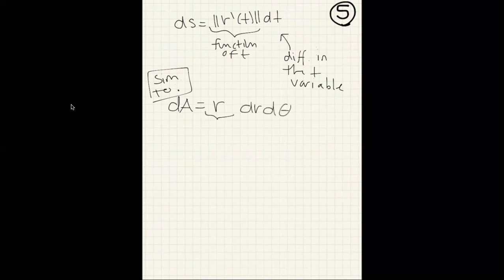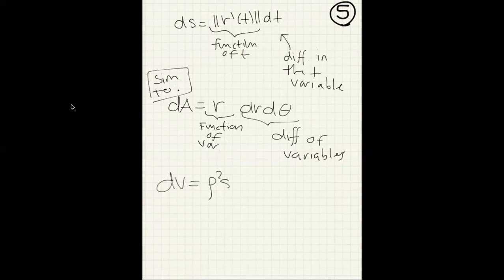This is a function of the coordinates, a function of my variables, and these are differentials of variables. And again, similar to dV, which was rho squared sine of phi, d rho, d theta, d phi. Again, a function and the differentials. So it should remind you of what you've done before.